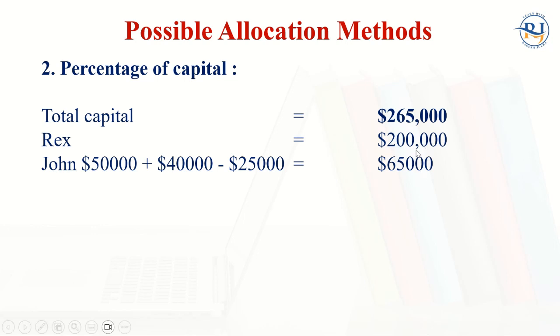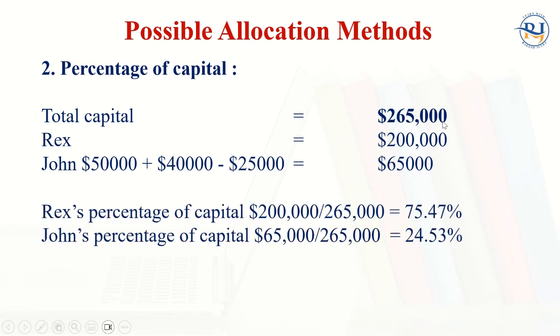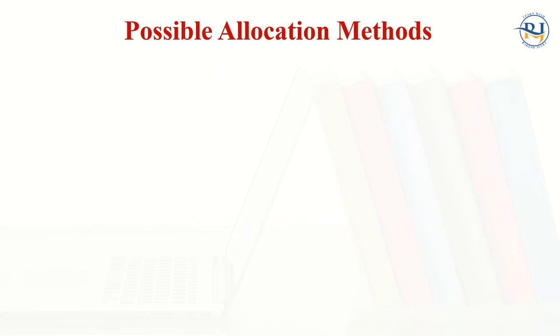If we want to know the percentage of capital for Rex, then that will be 200,000 divided by 265,000. For John, this will be 65,000 divided by 265,000. Look at this. So Rex's percentage will be 75.47 and John's will be 24.53. So this is the simplest way to calculate the percentage of allocation on the basis of capital invested.